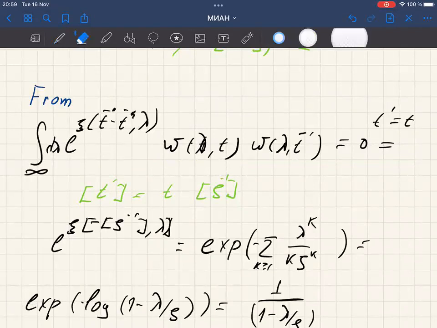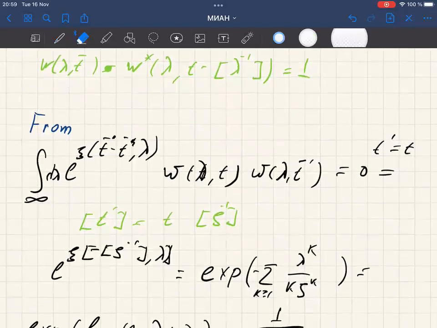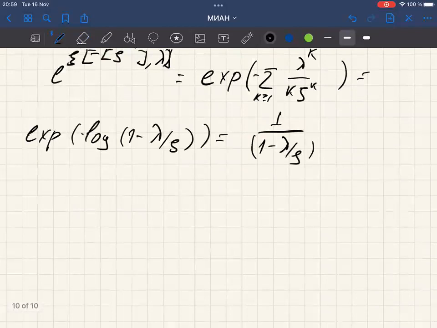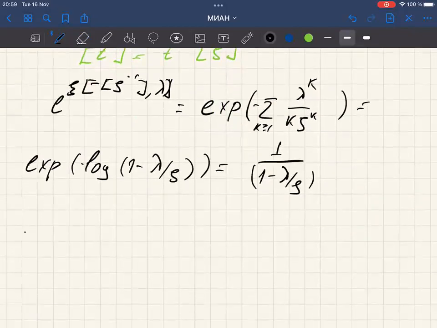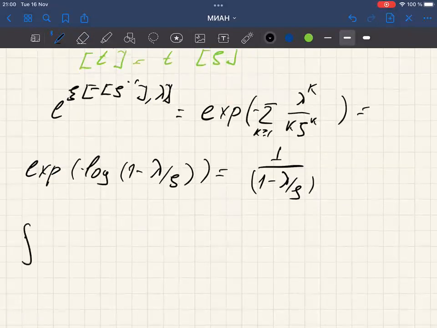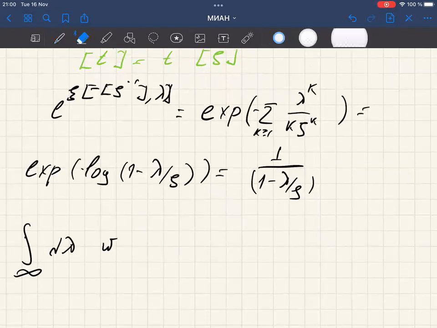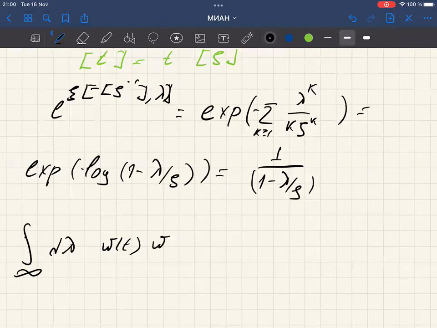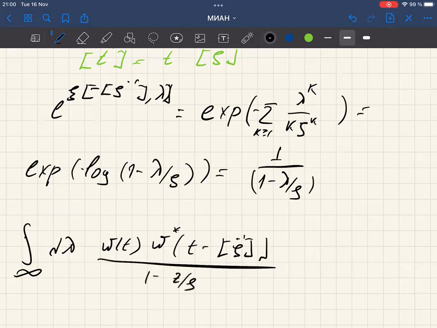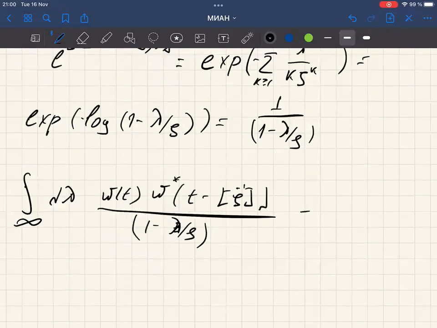So plus, sorry, minus, and no, okay, so I just wanted to say that it should be equal to integral from minus infinity to infinity d lambda v of t v star of t minus zeta minus 1, 1 minus lambda zeta equals to 0.